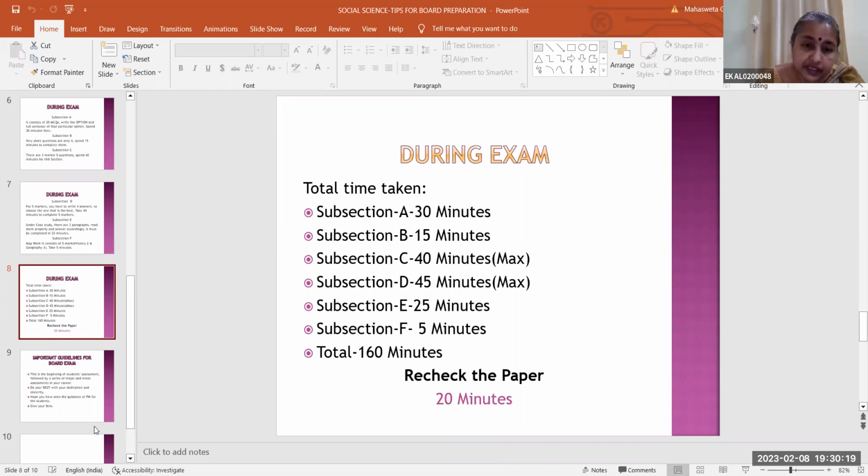For example, in all subsections, A, 20 questions you will check in one go, B also, C, D, E, F. Everything you will check twice in order to get confirmation that you have not missed anything. Sometimes while checking, children find that instead of writing one answer, they have copied two.